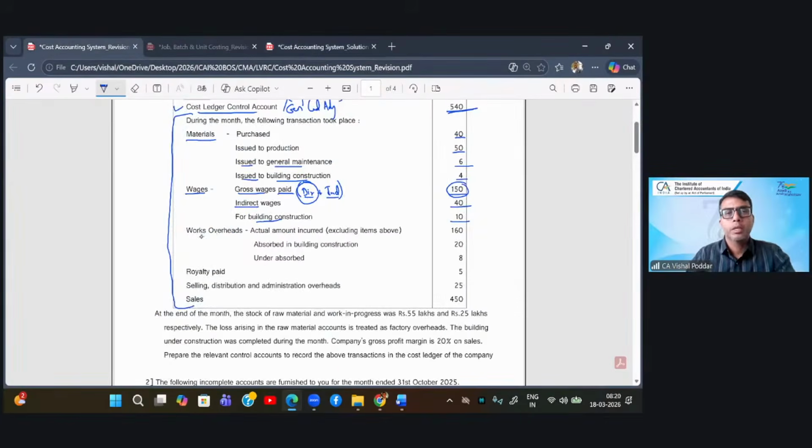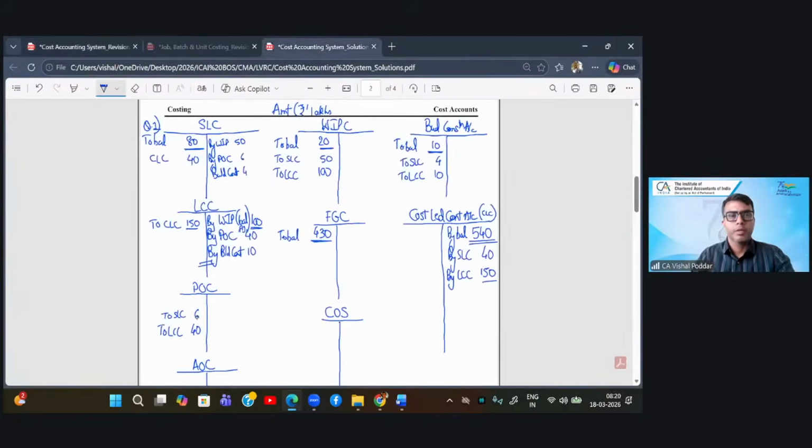Now coming back to overheads. Now in overheads, what they have said, actual amount incurred excluding above are already discounts. So this is wages, not wages, sorry, production overheads incurred. So it will be incurred through the CLC account. How much was it?